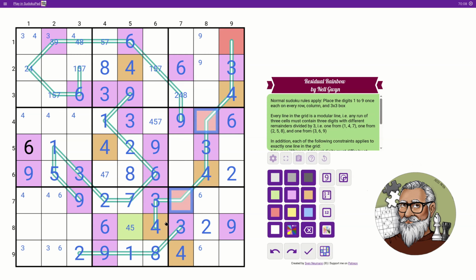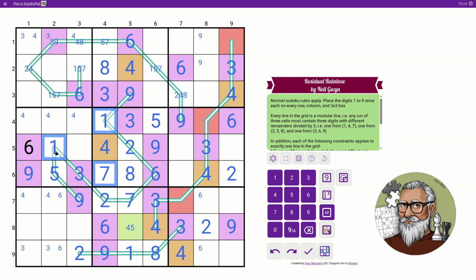All right. 4 is orange, so 147 is orange. This becomes 7 though. And this becomes 5. 147 are orange.